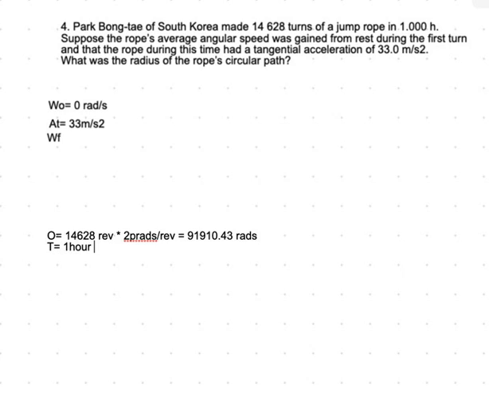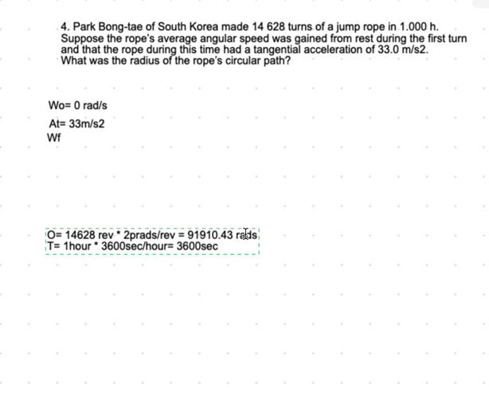And then down here, hour is not in the correct units either, because the standard unit for time is seconds. So I'm going to multiply this by the conversion factor. 3,600 seconds are in 1 hour, which means we have 3,600 seconds as our time.